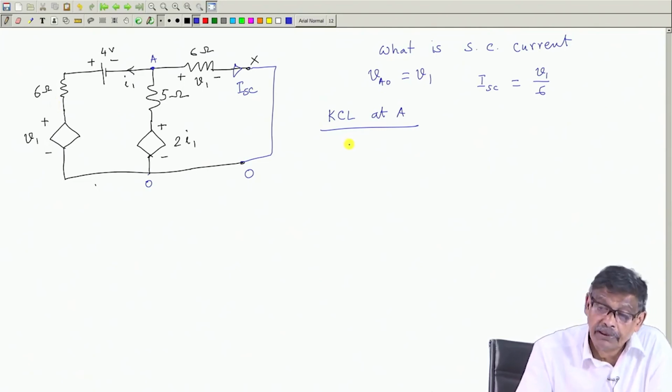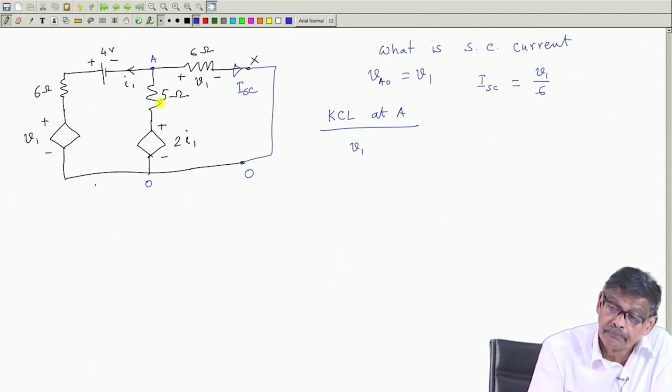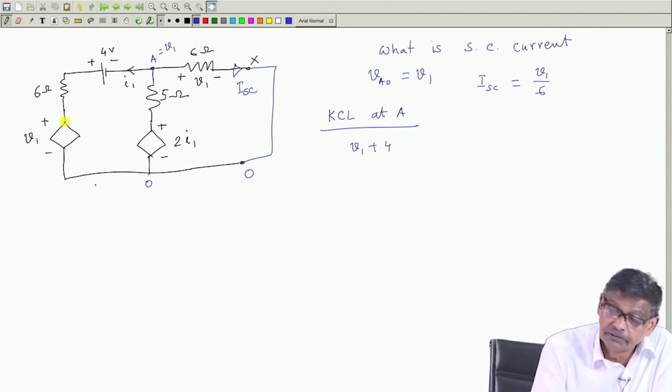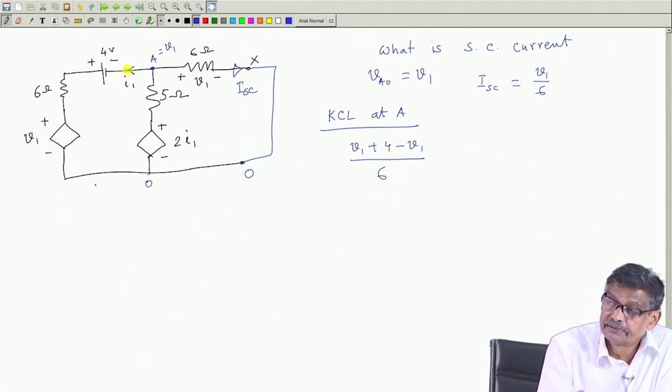So, it will be V1. VA0 is nothing but V1 itself. So, V1 plus 4, then once again minus V1 divided by 6 is this current, you know.